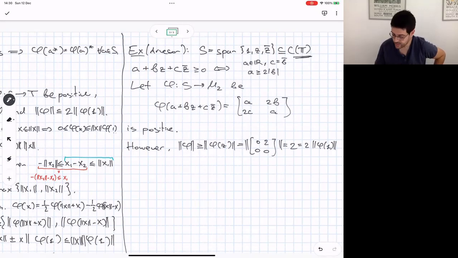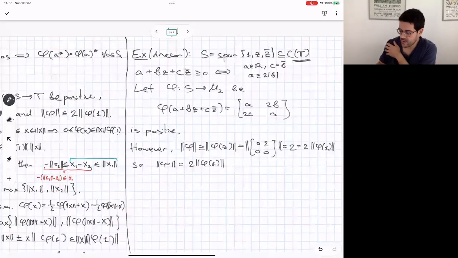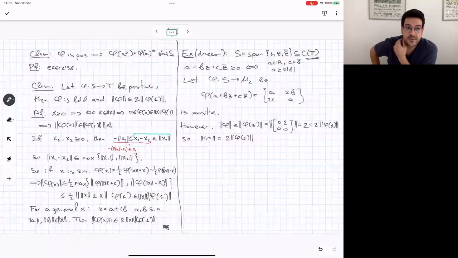Okay, so in this example, the norm of phi is 2 times the norm of phi of 1. It's less than or equal in general, but we know that this is the worst case scenario because of the previous theorem, so it has to be equal. Okay?